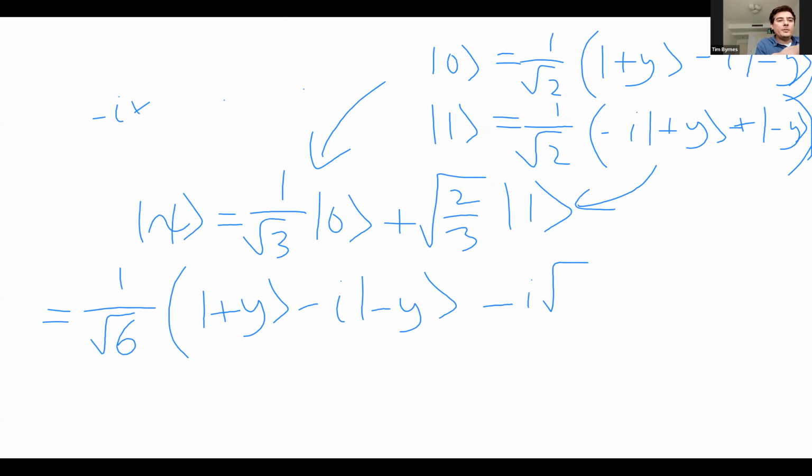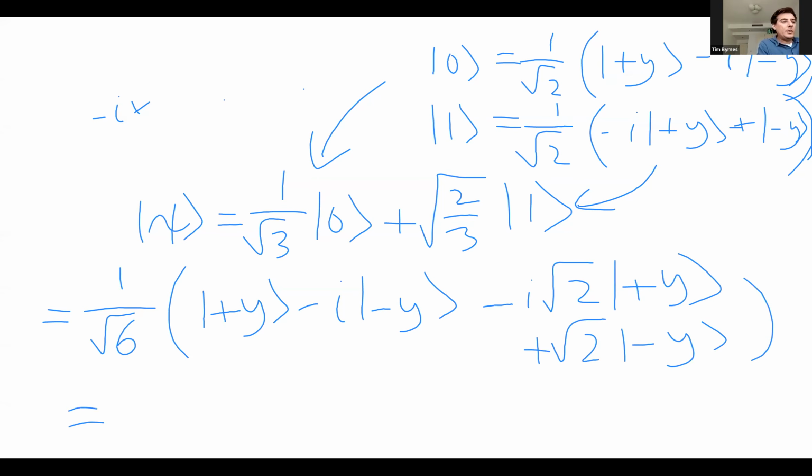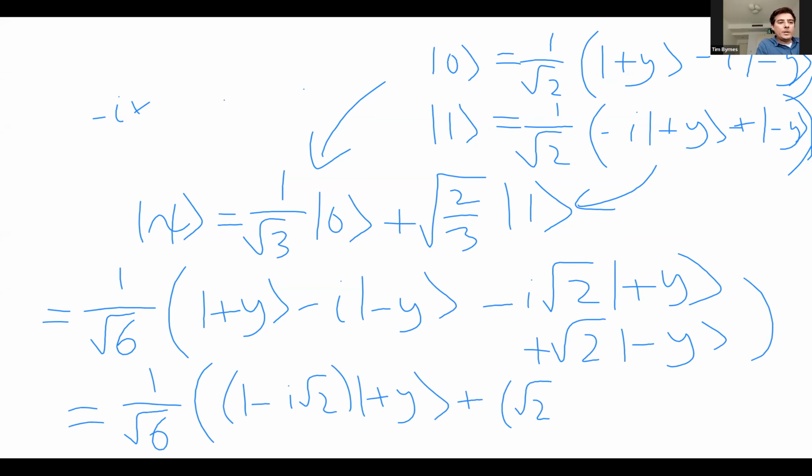So it'd be minus i root 2 plus y, and root 2 of minus y. We can simplify this a tiny bit. So it'd be 1 over root 6 of 1 minus i root 2 plus y, and root 2 minus i minus 1 minus y. Okay, so that's Alice's state written in the y basis.